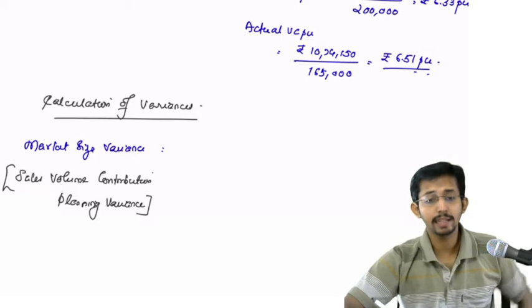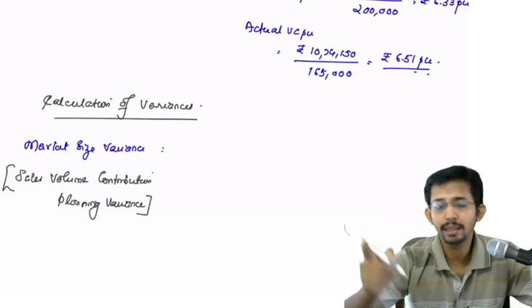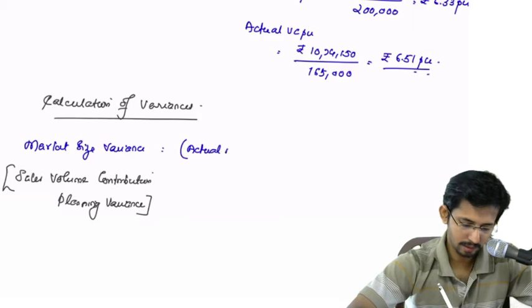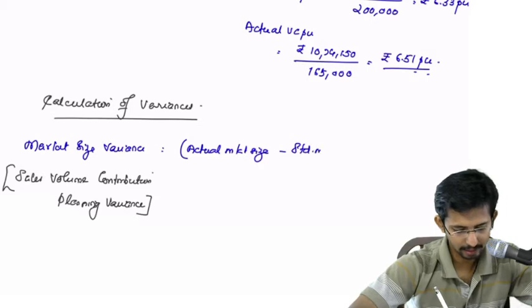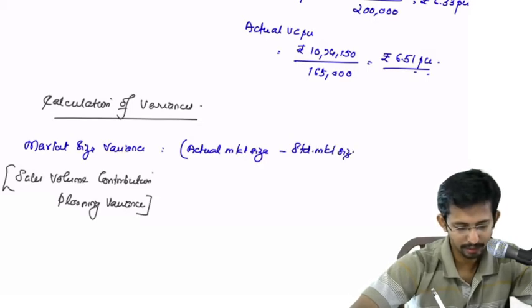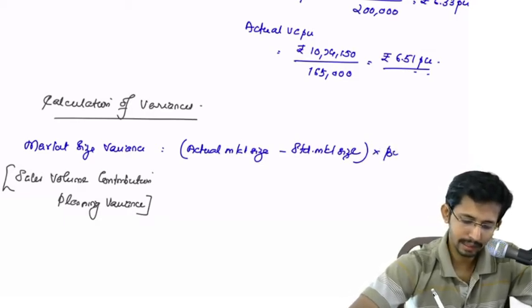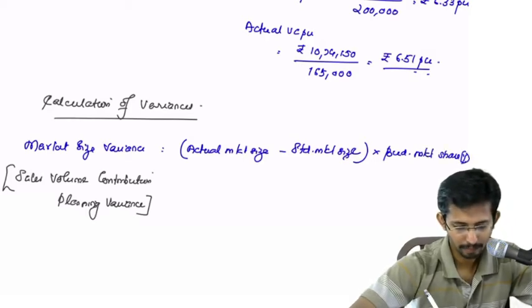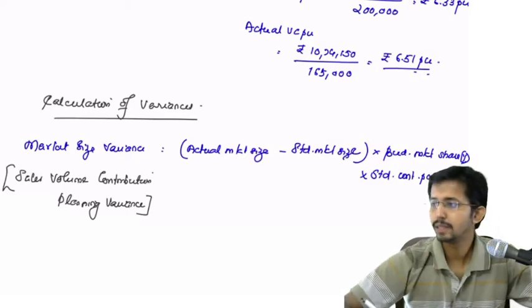Market size variance is the difference between actual market size and standard market size, both in units. So I am writing first actual market size minus standard market size, into budgeted market share percentage, into standard or budgeted contribution per unit. That is the formula, right?